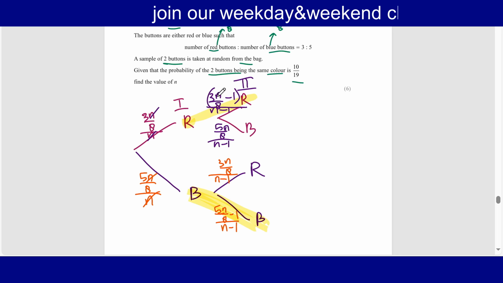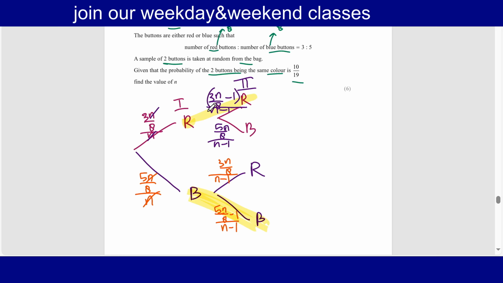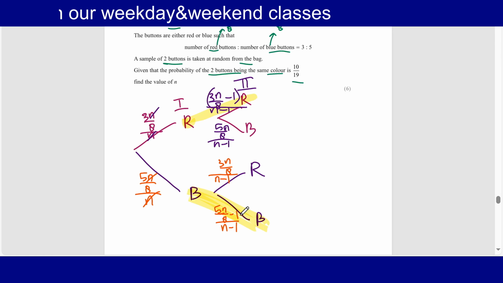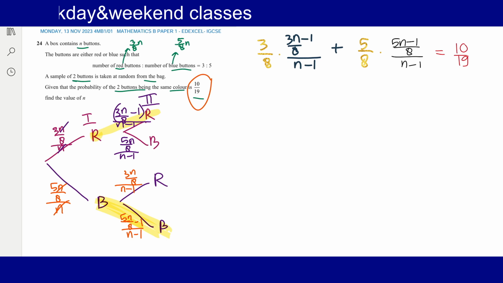the paths with the same color are red-red and blue-blue, so we add these to get the total of 10/19.